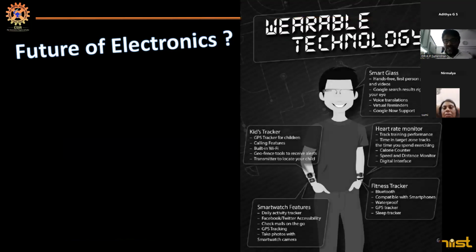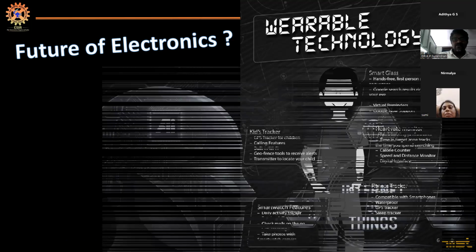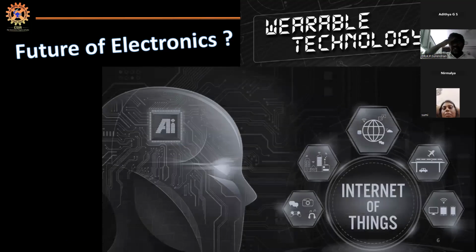Wearable technologies means any technology that you are going to wear, like your shirt, your hat, your belt, your jacket, your shoe, or whatever. That kind of technology is wearable. This wearable technology is very important, because these days we are all talking about the Internet of Things.